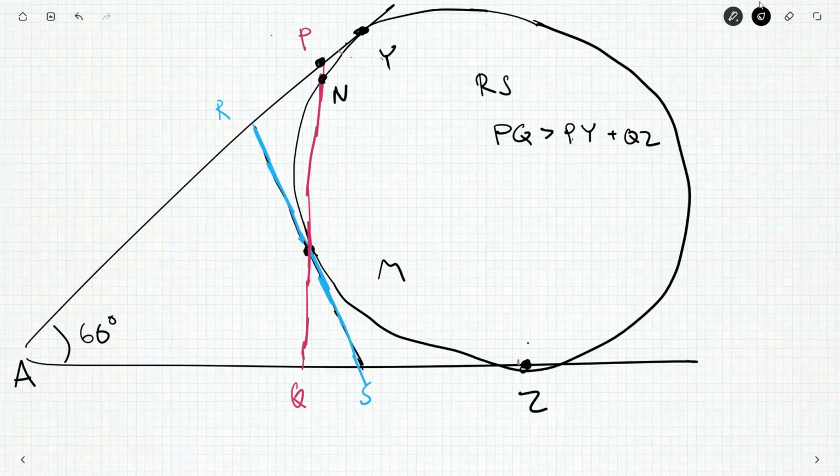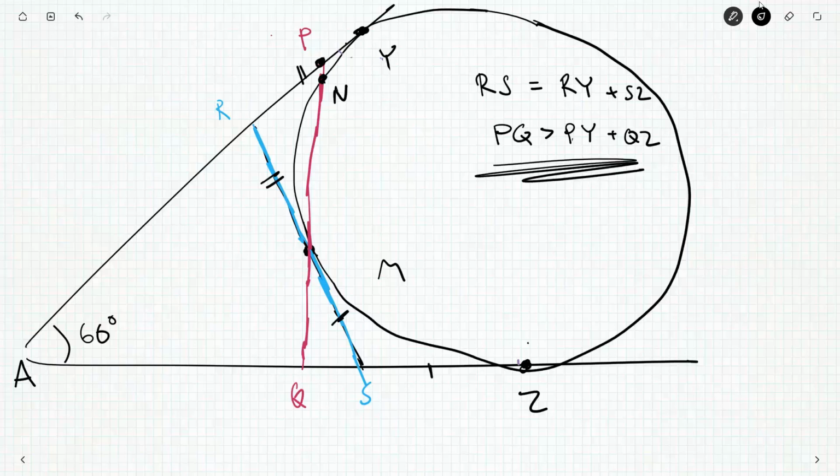Because with RS, we know that RS is equal to RY plus SZ, because this value is equal to this value, and these two values are equal to those two values. So I want to show this. So now at least I have a plan of attack. The question is, can I pull this off? Can I figure out a way to do this?